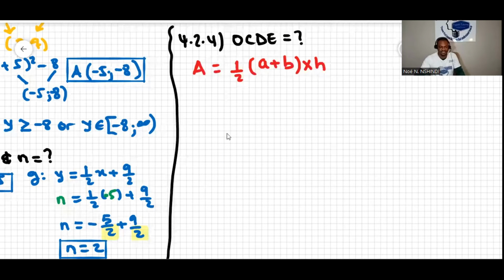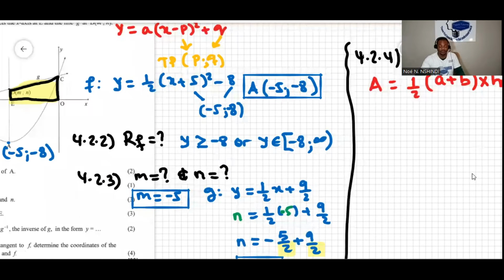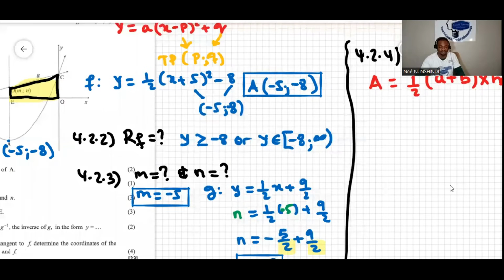So what is a, what is b, what is h here? We're talking about the upper and lower base. The bases are here, this one and that one, because this trapezium is like a sleeping trapezium, so this is the bigger base, and then this is the height of the trapezium.